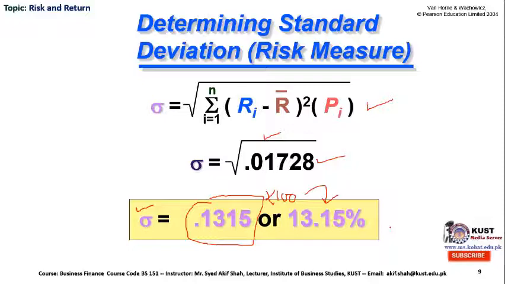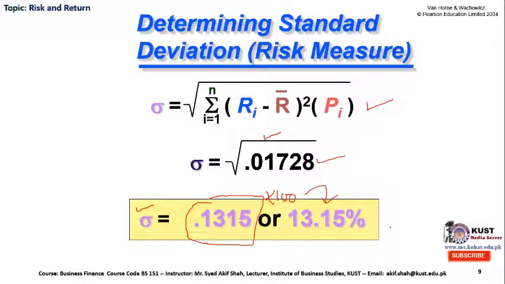Or we can also explain this result in this fashion, that there is 13.15% variation in the expected return of this stock if the investor is going to invest his money in this particular share.